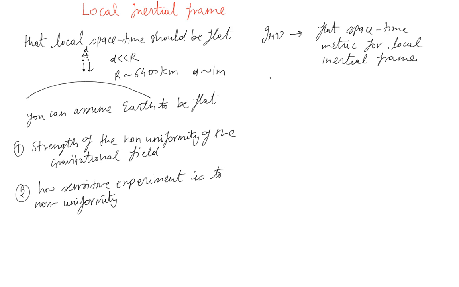Moreover, the first derivative of g mu nu is 0 in the local frame. Why is it 0? For the same reason that the first derivative of a potential is 0 at the bottom.